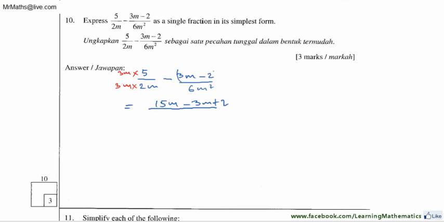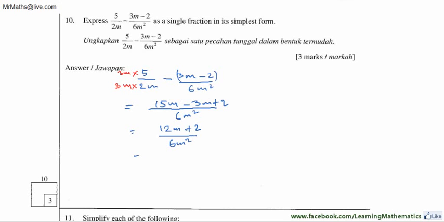Because this used to be in a bracket there. When minus with 3m, they become minus 3m, but we have minus 2 and minus here, it becomes plus 2. So the denominator is 6m squared. Then 15m minus 3m is 12m plus 2 over 6m squared.